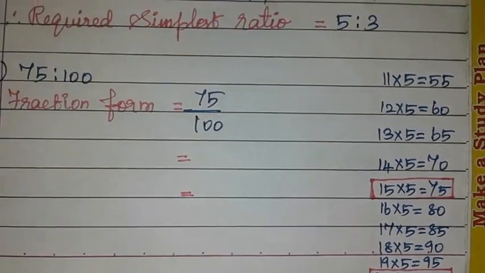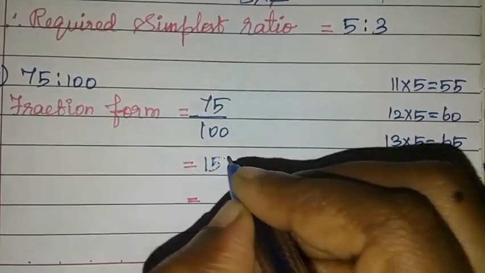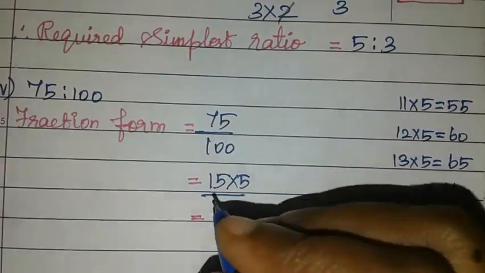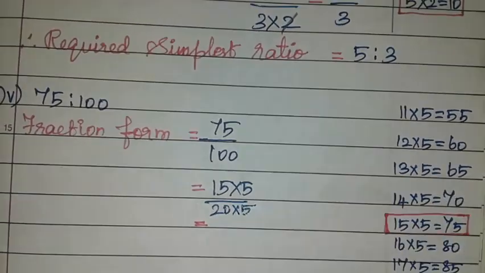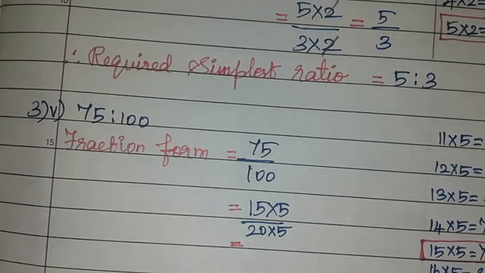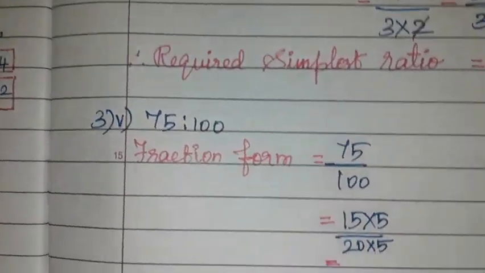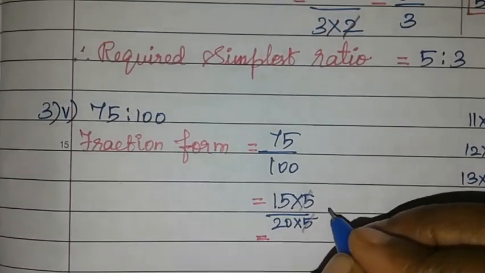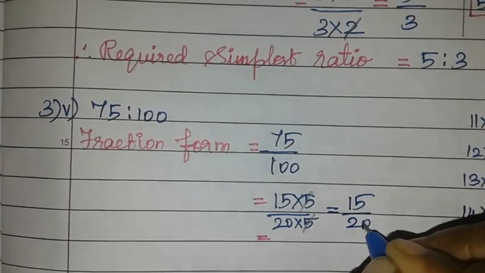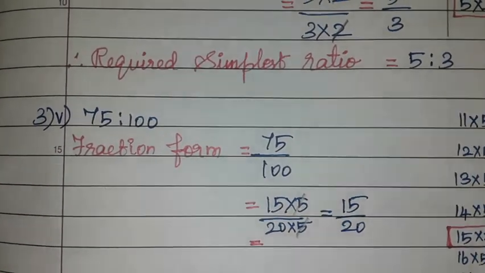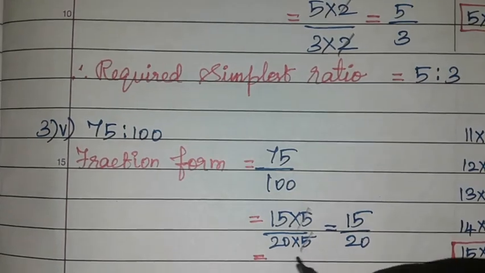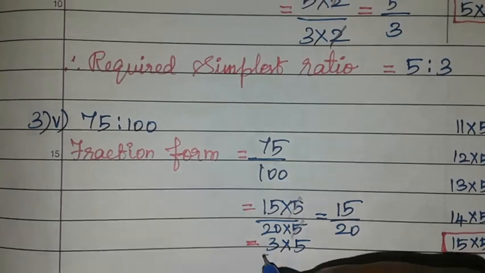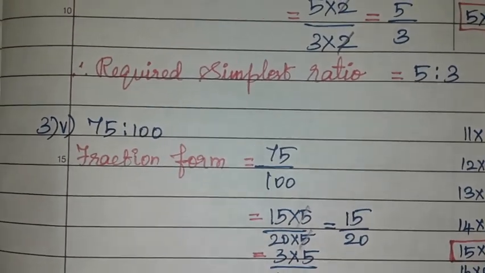So 75 can be written as 15 into 5, and this 100 can be written as 20 into 5. Now cancelling the common factors. What is the common factor here? 5 and 5 get cancelled. So what are we getting now? 15 divided by 20, which is the first question, very simple. 3 5s are 15, 4 5s are 20.